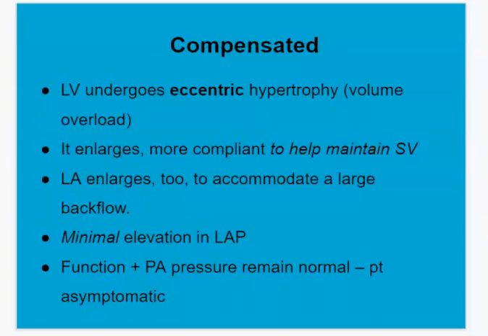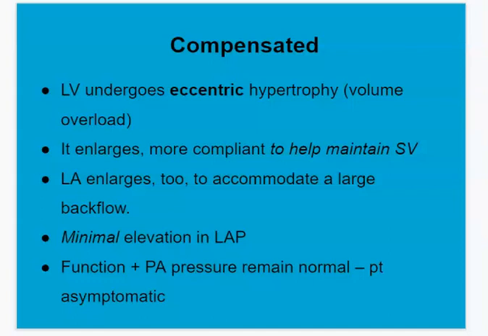In the compensated phase, the LV undergoes some changes. Again, it undergoes what we were talking about earlier, eccentric hypertrophy due to the volume overload. So therefore it enlarges. It becomes more compliant, and due to that Frank-Starling mechanism, that helps maintain the stroke volume. And the left atrium enlarges too.